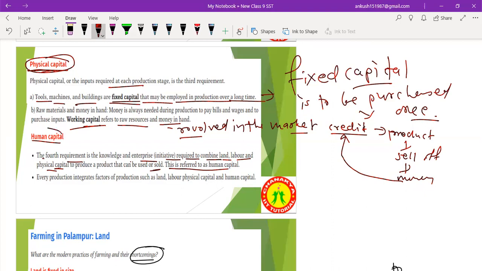Now, how is it possible? Human means having brains, and using his brains, his intellect, his knowledge, his education, his training, his skills, he can make others who are not skilled and educated work for him.